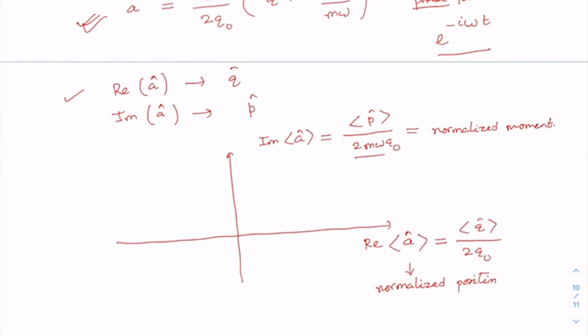Because of this minus sign, it rotates in the anti-clockwise direction, and the evolution basically takes place. This is, say, −ωt at time t, and this evolution is happening in a circle because the magnitude is constant.